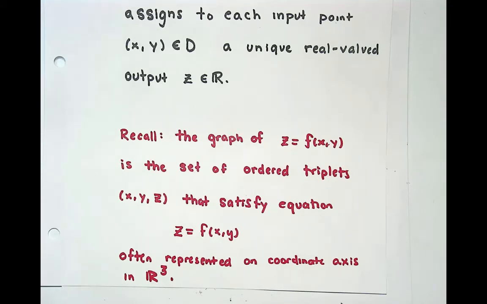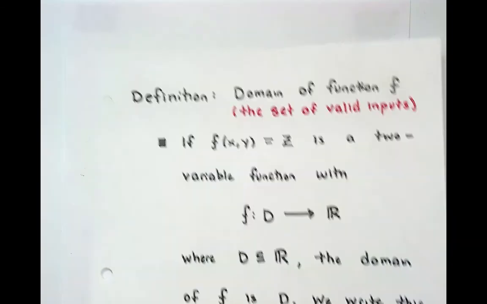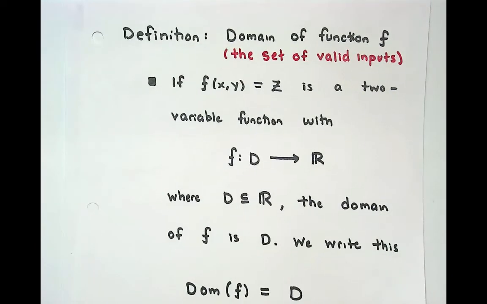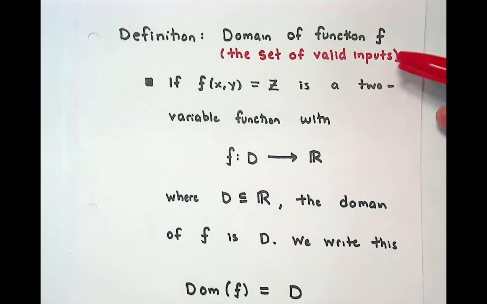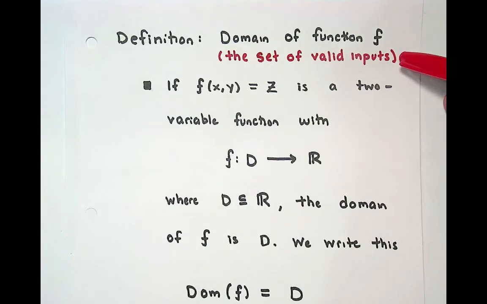We have some more formal notation to cover, just to get this out of the way. Recall that we said that we have this domain D of the function f. A very intuitive way to think about this is the set of all valid inputs.